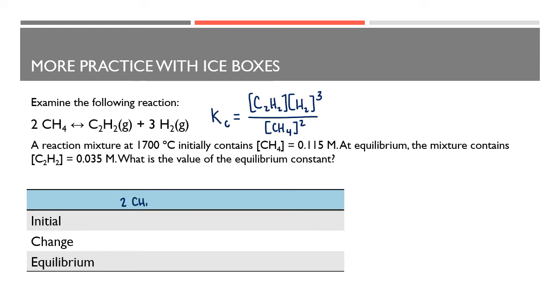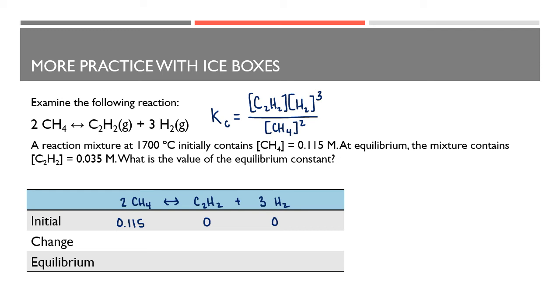Now, the reaction mixture at 1700 degrees Celsius initially contains 0.115 molar CH4, and at equilibrium, the mixture contains 0.035 molar C2H2. What is the value of the equilibrium constant?